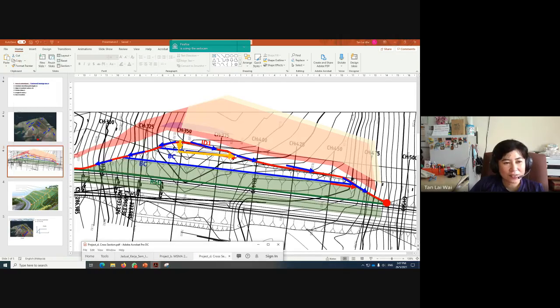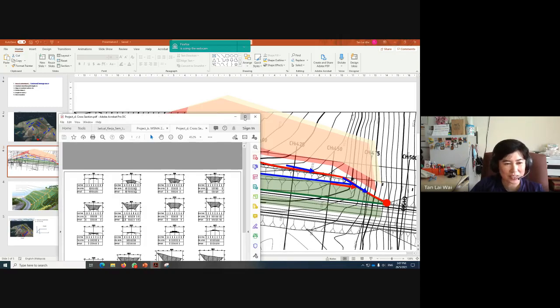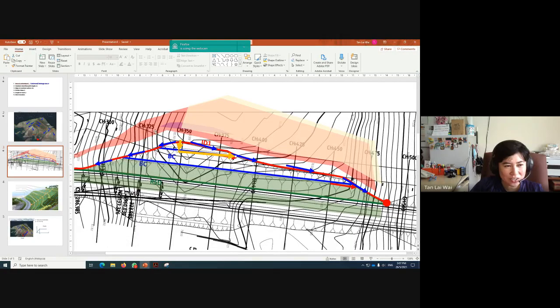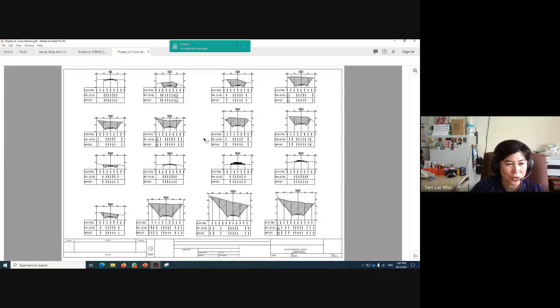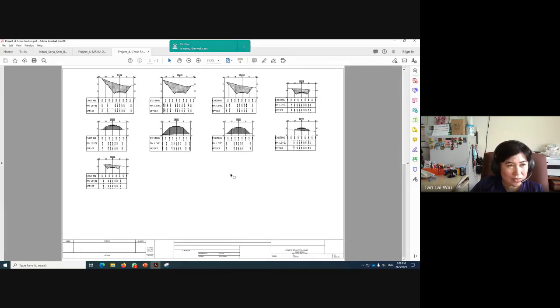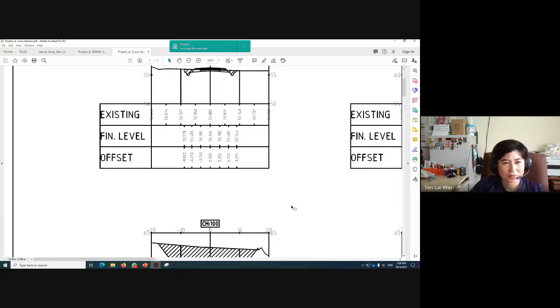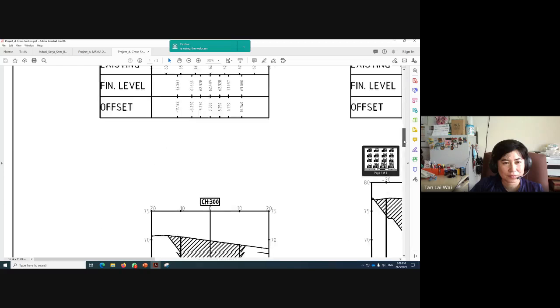Okay. You see, I have given you a cross-section at every chainage. This one, right? I have given you a cross-section. Yes. So let's look at chainage 325, 350, and so on. 325, 350. Okay, yeah. All right, so I'm going to enlarge this. 325.